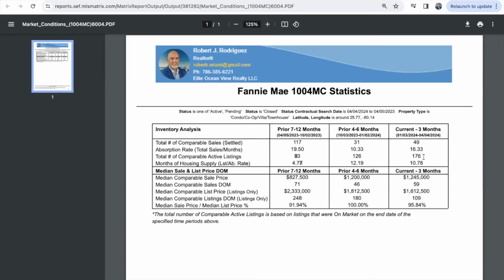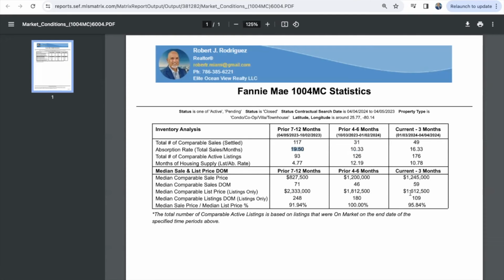And our sales have increased a little bit, from 10 sales per month to 16.3 sales per month. But when you compare it to the first 6 months, they were selling back here almost 20 properties per month. And our list prices are down from 2.3 to 1.8 to 1.6.